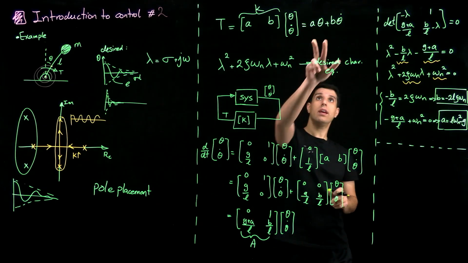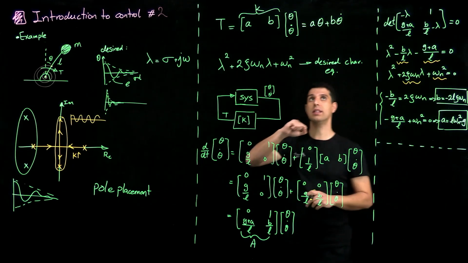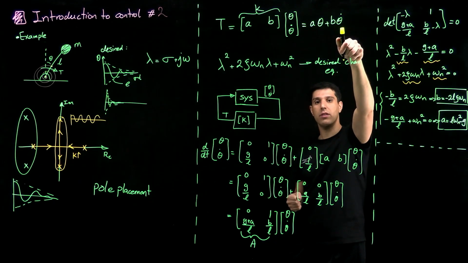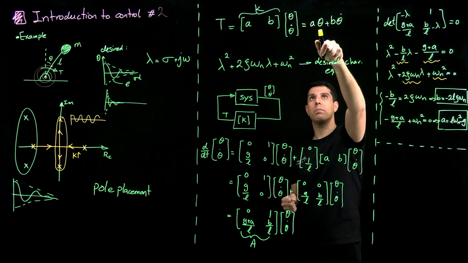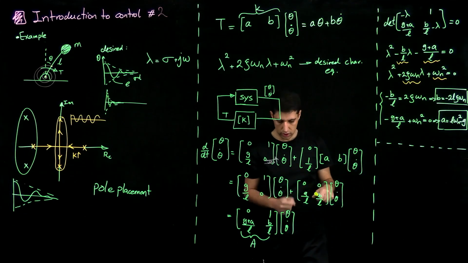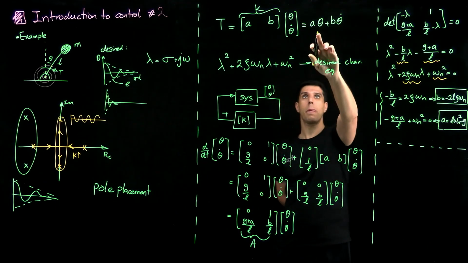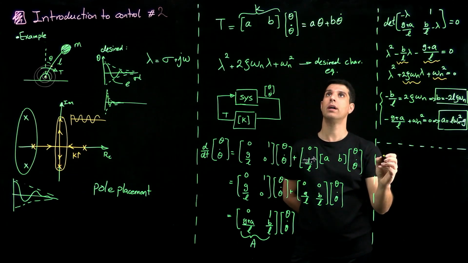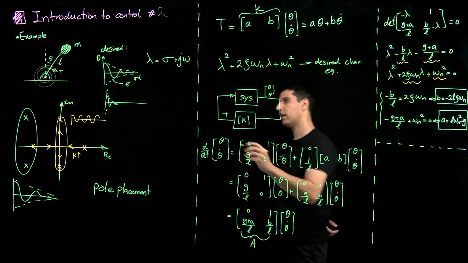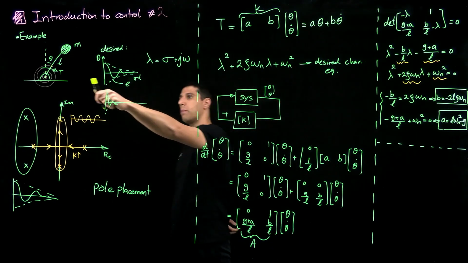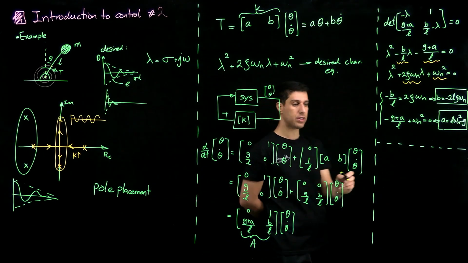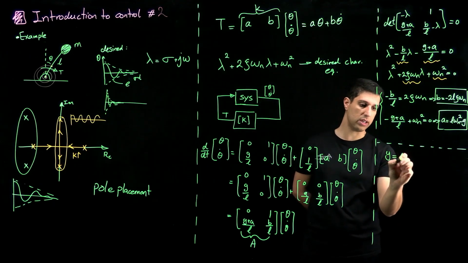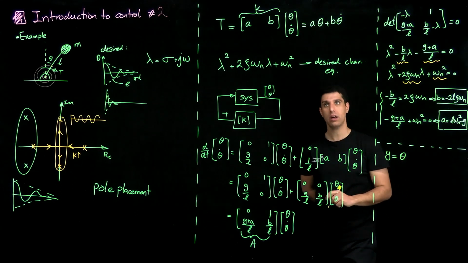And one other thing that you can consider: this B is multiplied by the derivative of theta, and A is multiplied by theta itself. So if we take theta, the angle of the pendulum, as the output of the system, so y, the output, is theta.